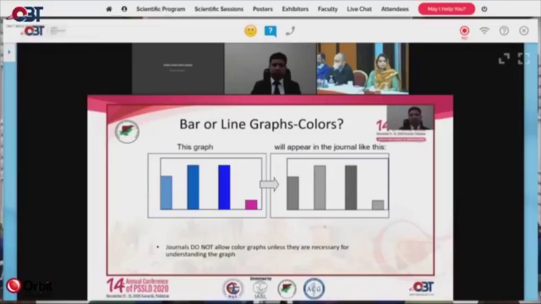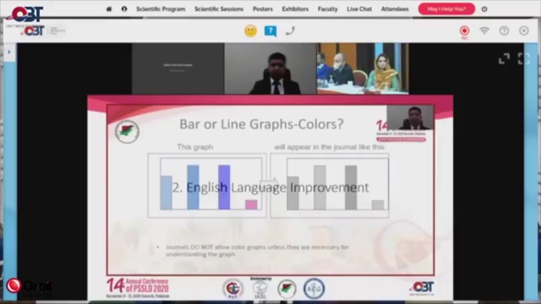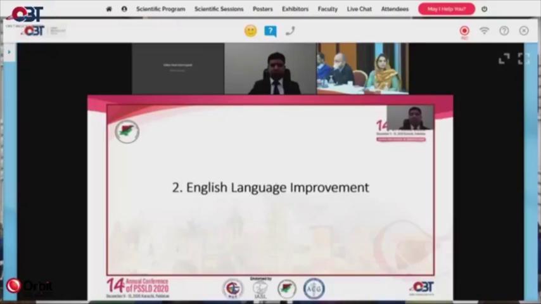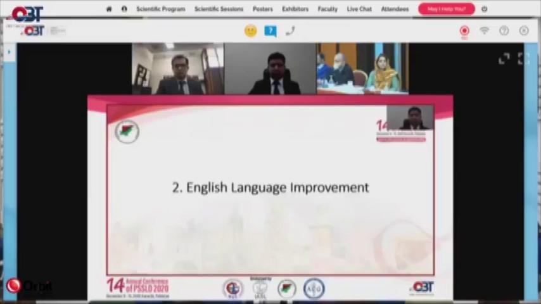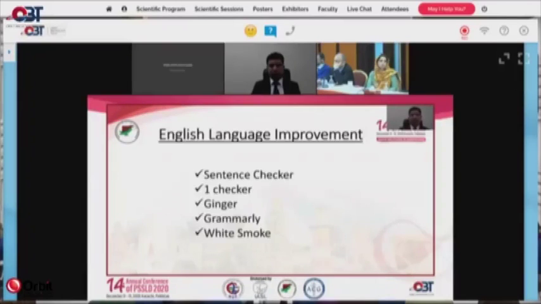I think the most important problem which our students or trainees are facing is the English language of the manuscript. The English language of your paper can be improved by using different online English language software available on Google. I have pasted the names of 5 different software, but you can also find others from Google.